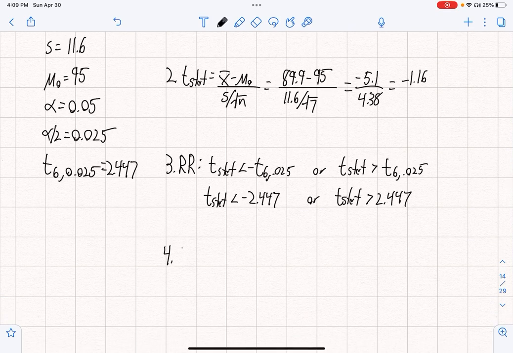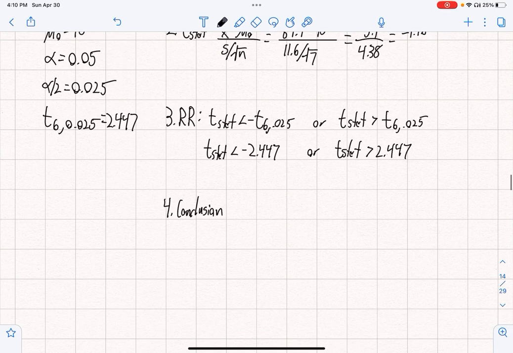Okay, so let's make our conclusion. Our t-stat is negative 1.16. Is negative 1.16 less than negative 2.447? No. Is negative 1.16 greater than positive 2.447? No. So it's not in the rejection region.